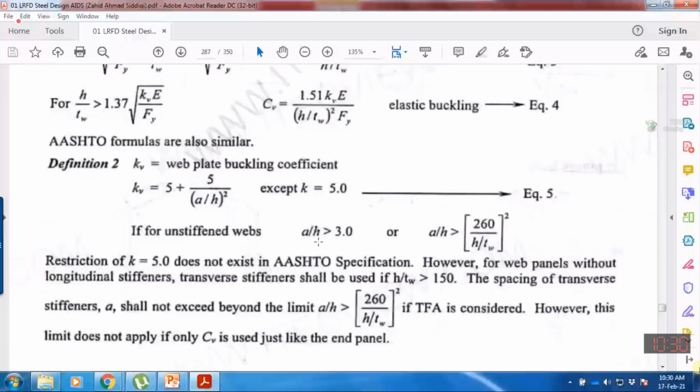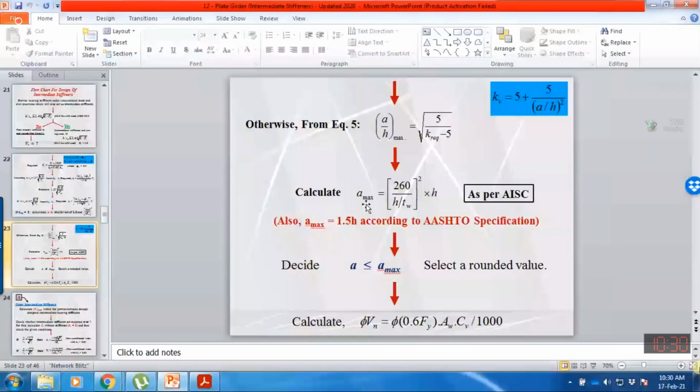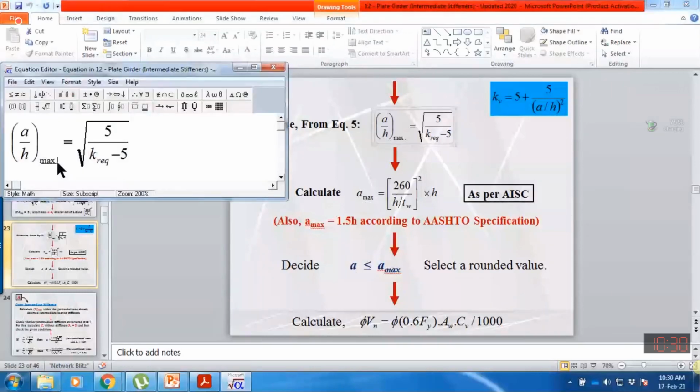So the A value that we have computed from here should be less than this value. So let me do this maximum from here, because we are just computing the A value from here. This A value should be lesser than these two A maximum. Otherwise, we will provide the A value equal to A maximum.